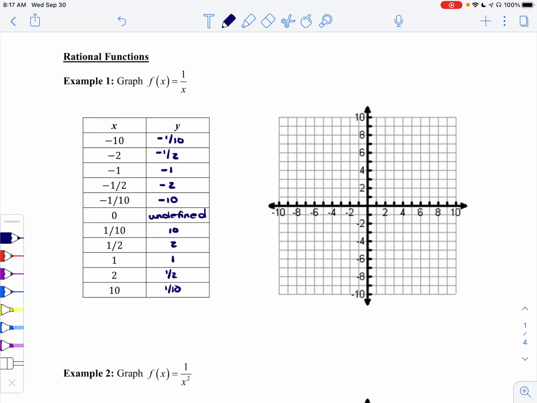Now let's go ahead and plot these points the best we can. And of course, we're just going to have to approximate with the fractions, but we'll do what we can. So go ahead and plot all these points. Okay, there's all my negatives. It's undefined at 0, so I don't plot anything at 0. And then to my positives.